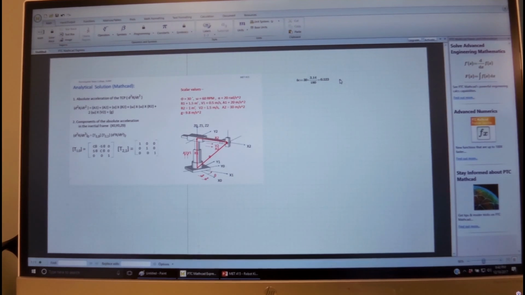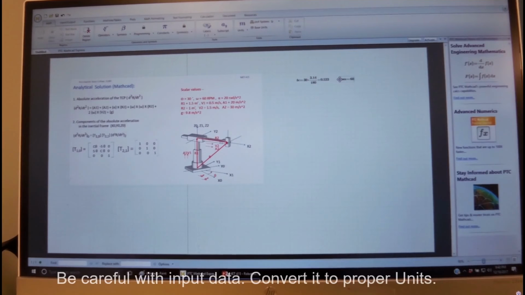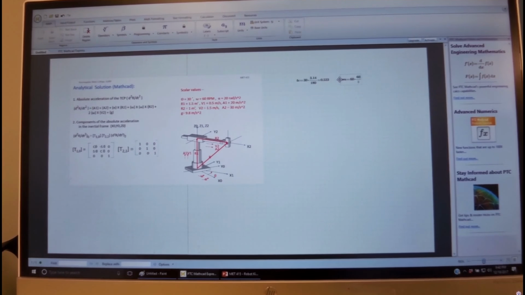Then omega, I can call this omega and define this as 60 RPM. To change that to radians per second, we need to divide that by 60. We need to divide it by 60, not multiply.